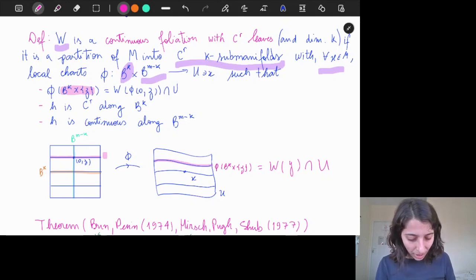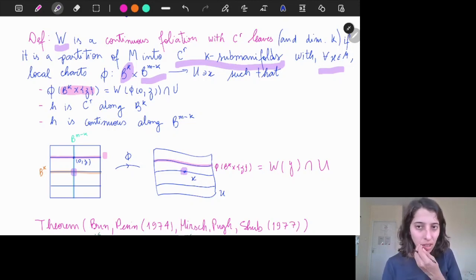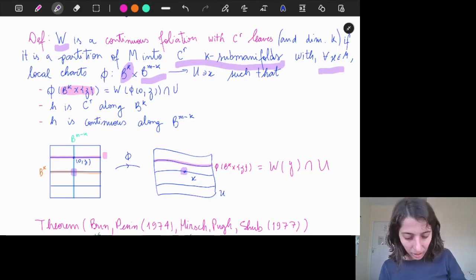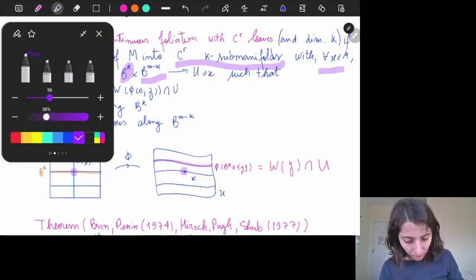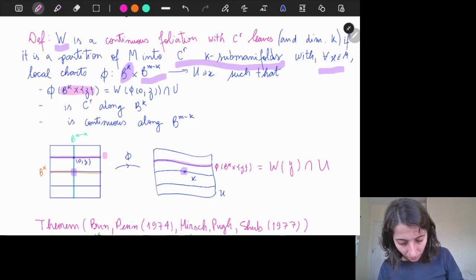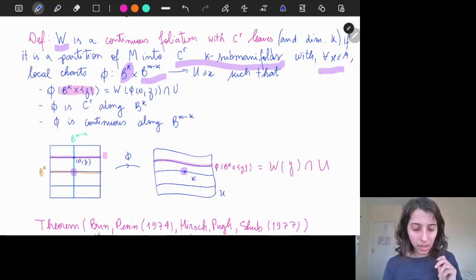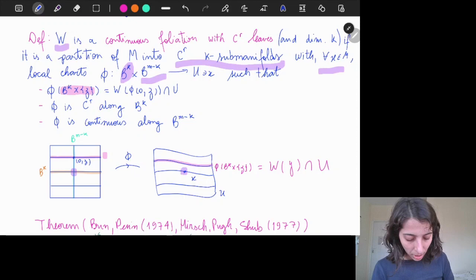So the formal definition is there is this local chart, and the function phi that takes the point (0,0) to x also takes these horizontal lines into local leaves of the foliation, in such a way that phi is C^r along the vertical lines, and it is continuous along the horizontal lines.